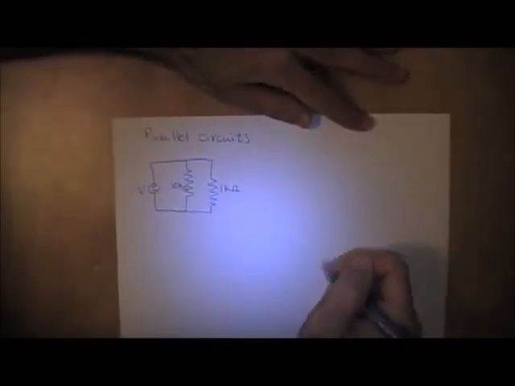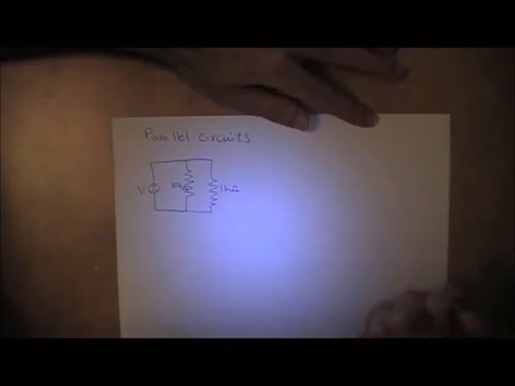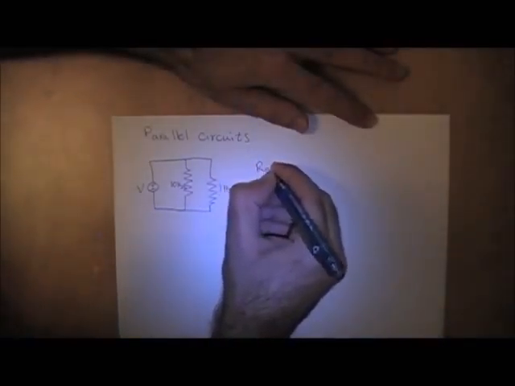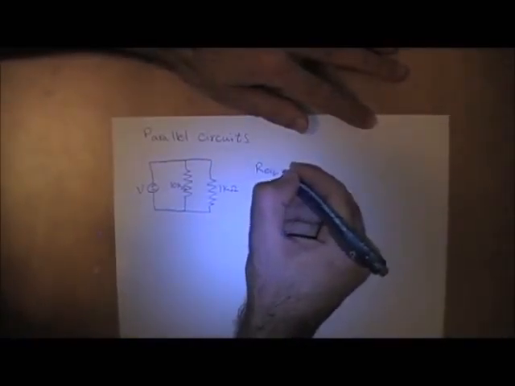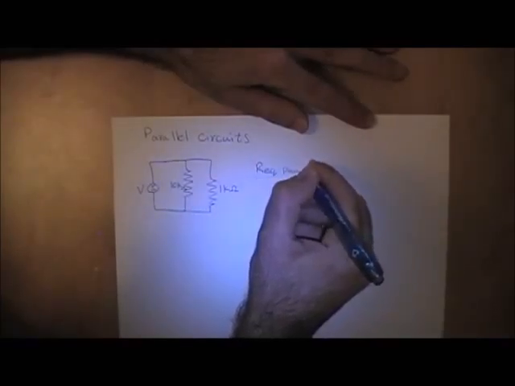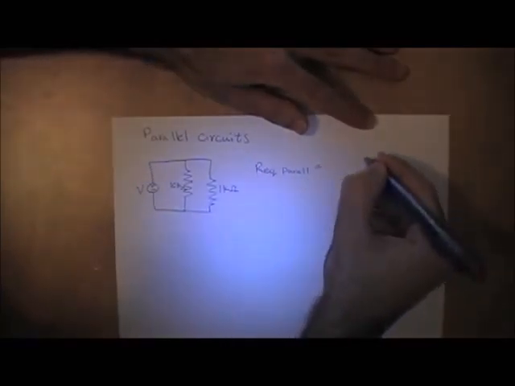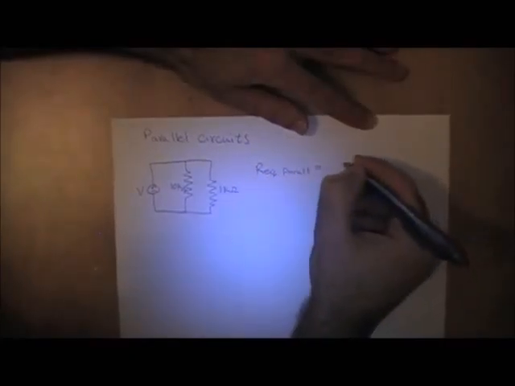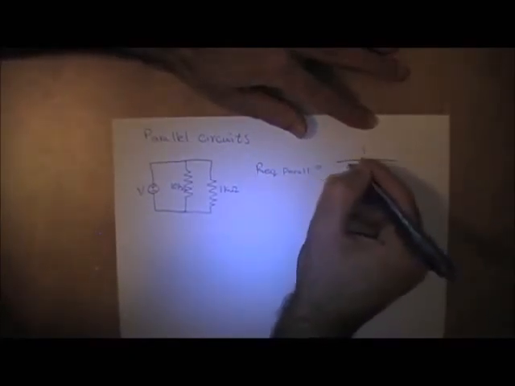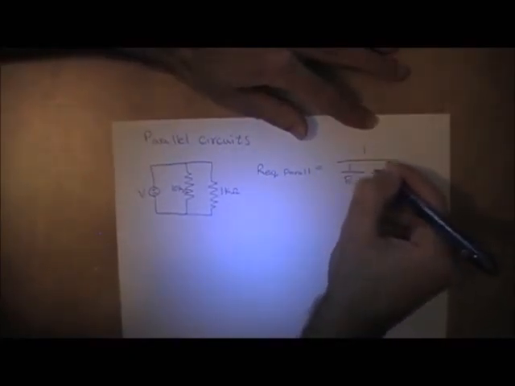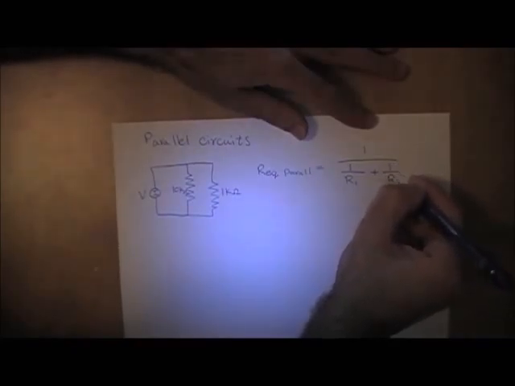So how do we find the equivalent resistance of this? And this is my voltage source. So our Req in parallel is equal to 1 over your first resistor plus the inverse of your second resistor.